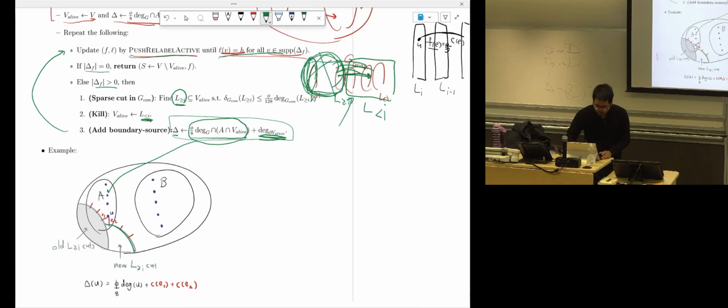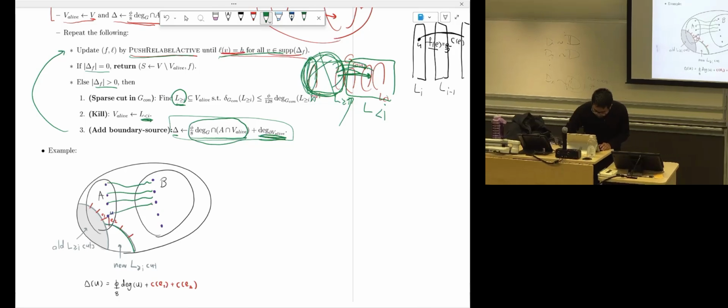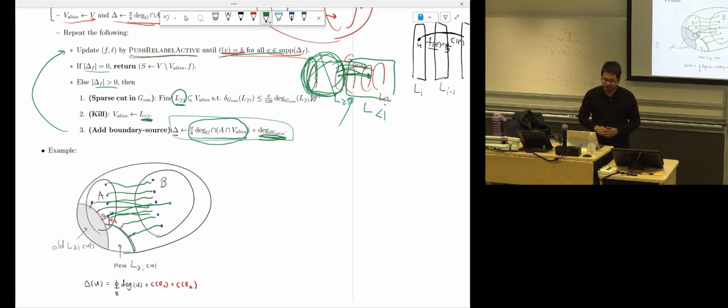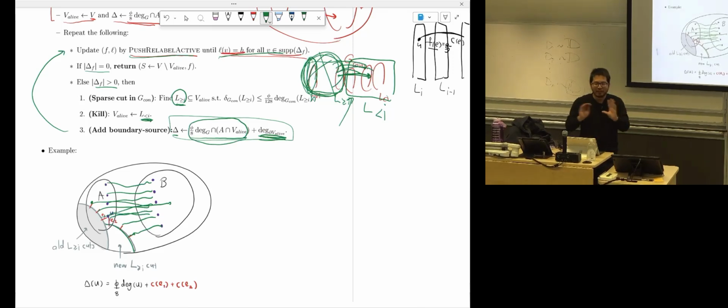Then what does it mean? It just means that everyone in A, I can match to some guys in B. But actually, every cut edge here, I can match to some guy in B too. Right? Every cut edge, I can match to some guy in B. Okay. So this is just like what happened when you just use MaxFlow.